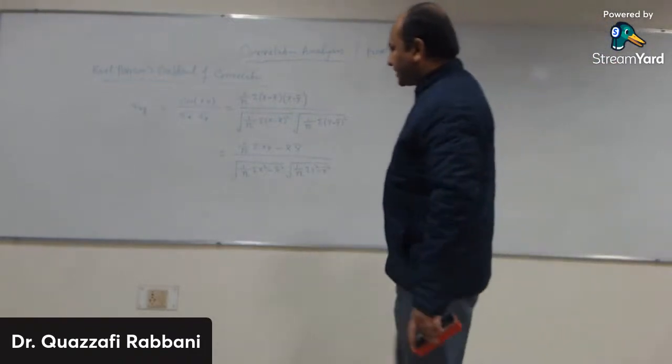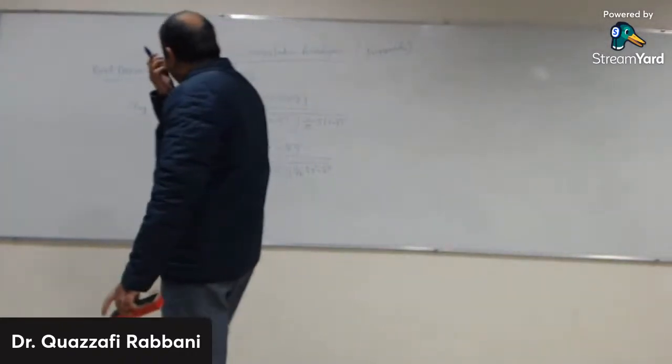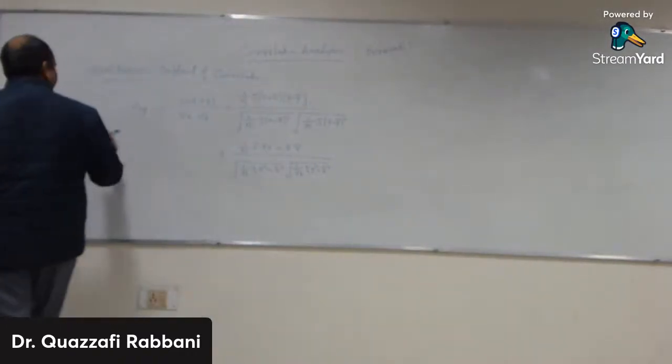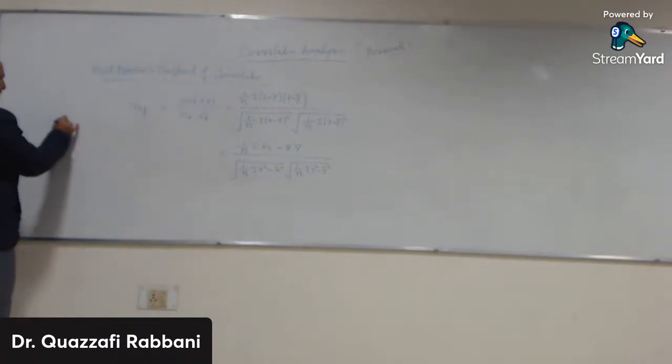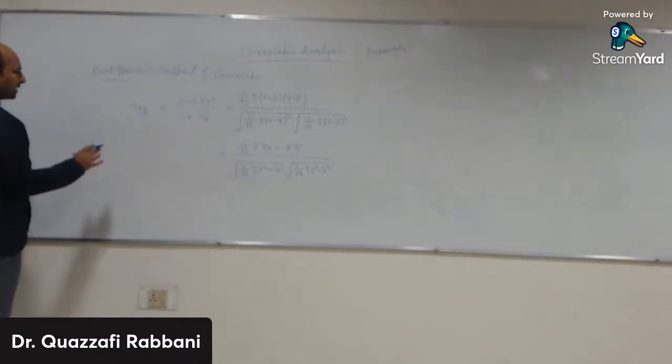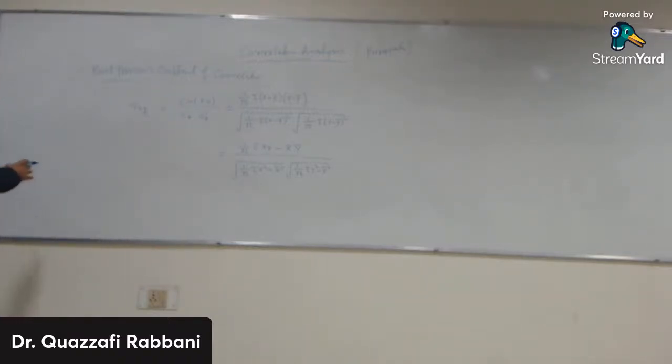There are some authors who define the range and degree of the correlation like this. The limit of the correlation is minus 1 to plus 1.